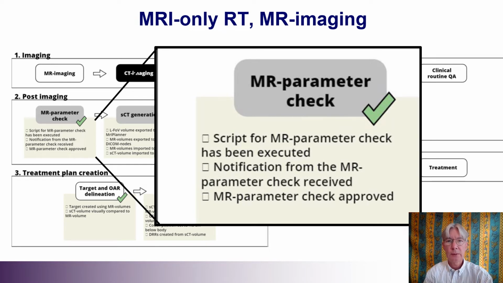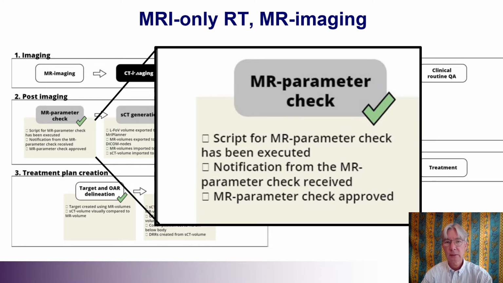So when we now do the MR examination and we acquire the image that's going to be used for the synthetic CT, it's really important that the settings of the sequence are correct and the same every time we generate data to obtain the synthetic CT.